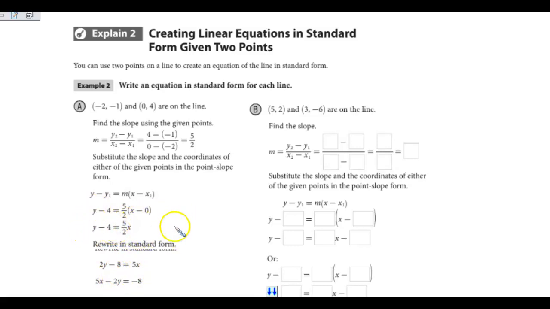So when I do that, I get y equals 5/2 x plus 4, because I had to add it to both sides, and then I'm going to subtract. So I'm going to get minus 5/2 x plus y equals 4. And so there it is written in standard form this way.